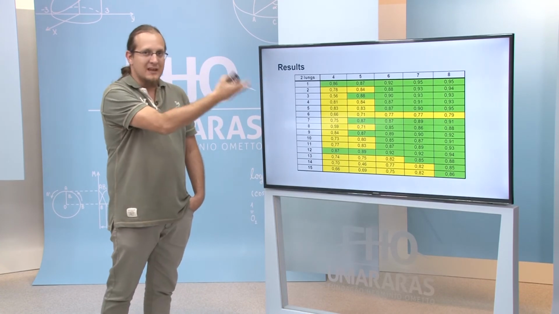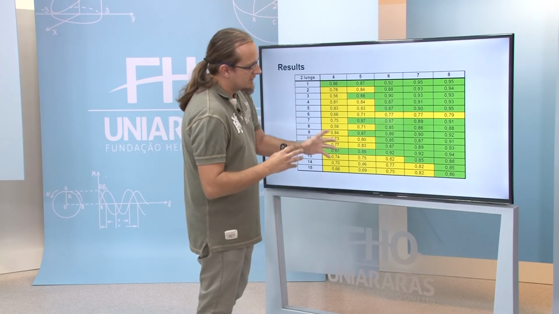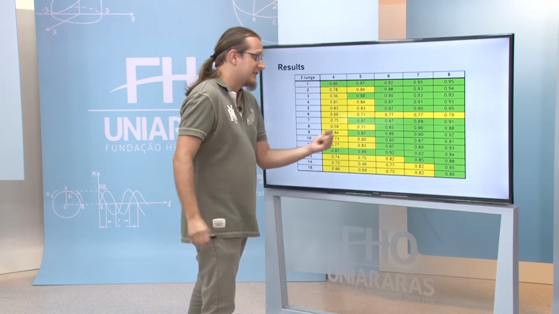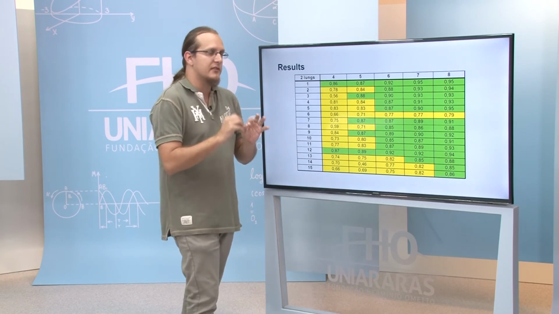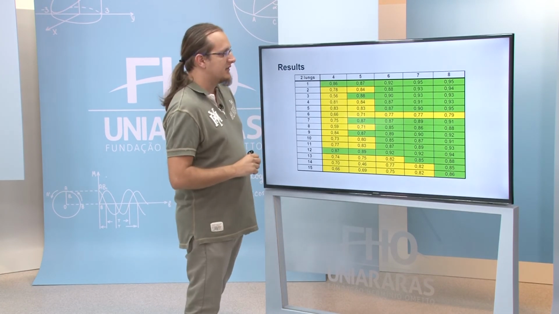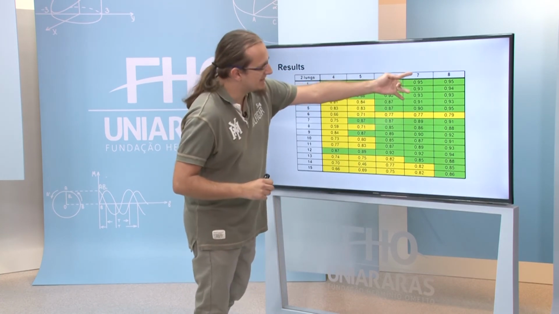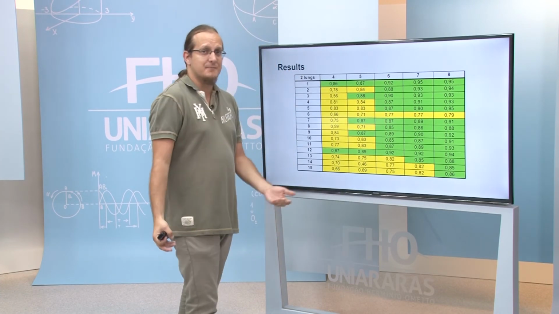Now the main table of results. In the green area is a good interpolation. The Jaccard index is near 1, which is good, and green is region 2. But yellow is a region that is not so good, not the perfect contour. In two lungs, for example, I need 7 points to reach 85%.